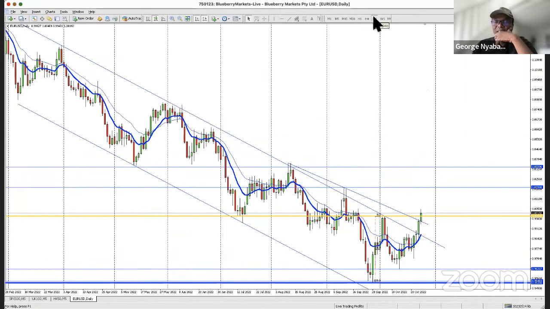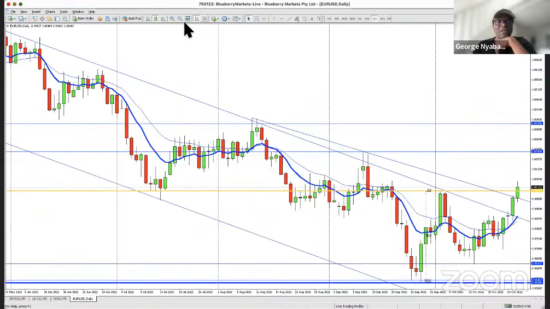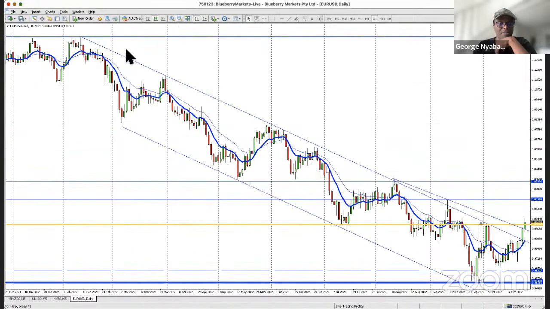But if you go to the daily, it's interesting. This channel line here that the bulls broke out above is a long-term bear channel. This has been going on for virtually the whole year. From the beginning, from February, the market has been in a persistent bear channel.